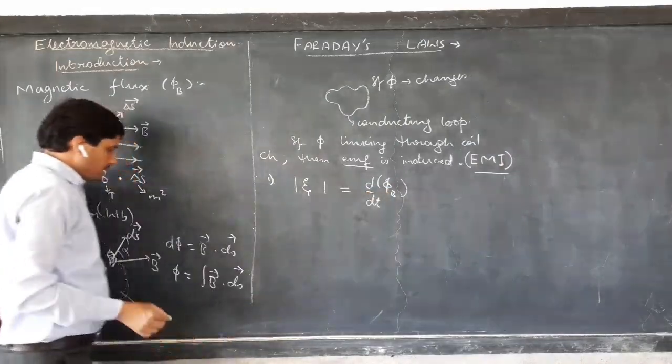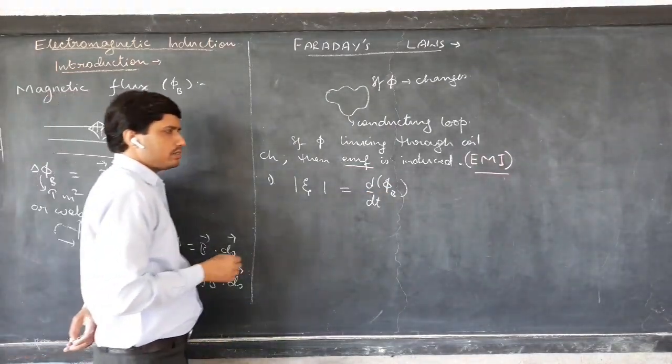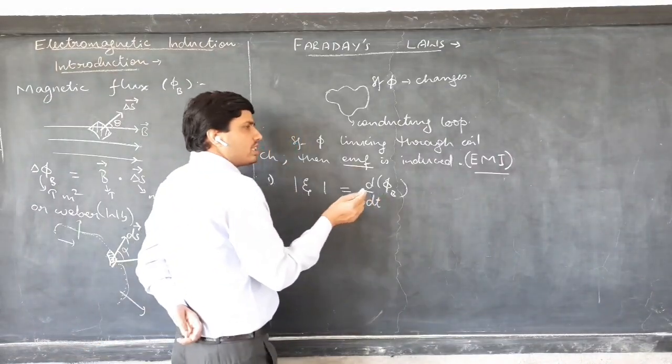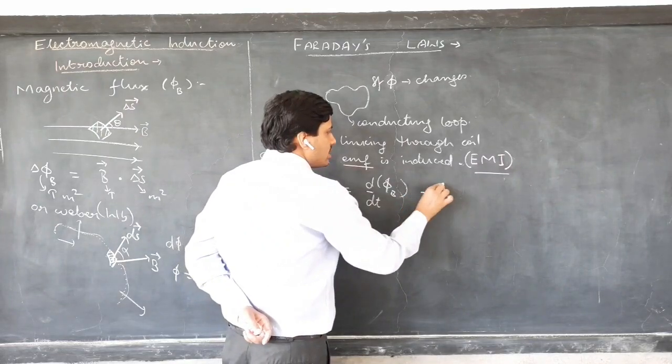Now this phi b we have seen is given as B times ds. Okay? Or B times A times ds, I can write as area. So this I can write as d by dt.